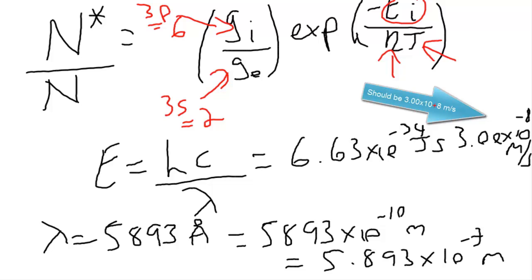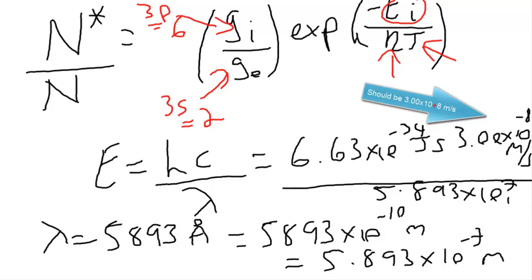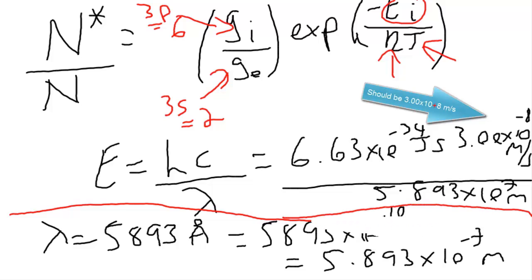And divide by the wavelength, which is 5.893 times 10 to the minus 7 meters. You'll notice that the seconds cancel out and meters cancel out, and we end up with a value in joules.